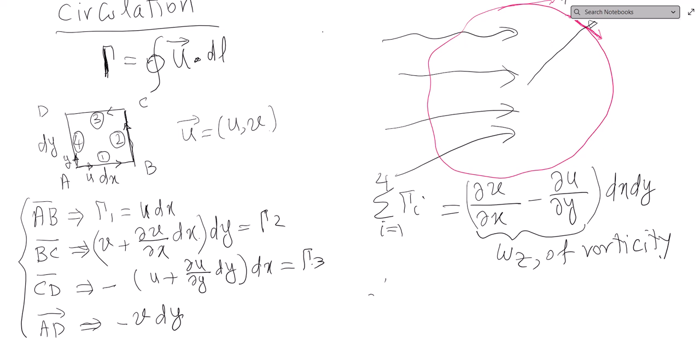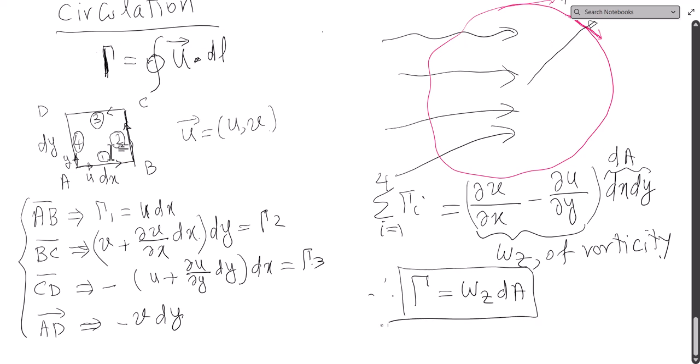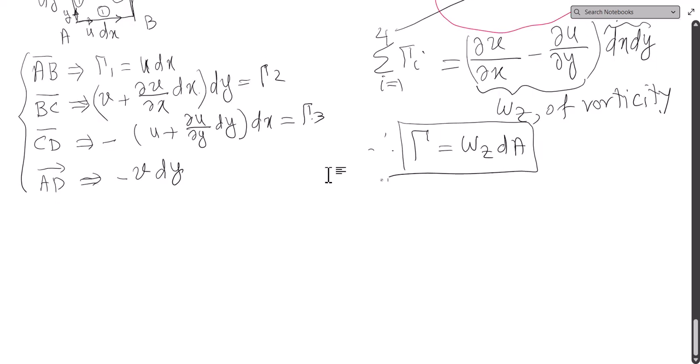So therefore, we can say that our total gamma is omega z dA, where dA is our elemental area. This is basically the formula broken down into 4 simple paths. And this path could be any shape. Doesn't matter what the shape is, as long as you do the integrand correctly and integrate it, you have the result that we showed here.